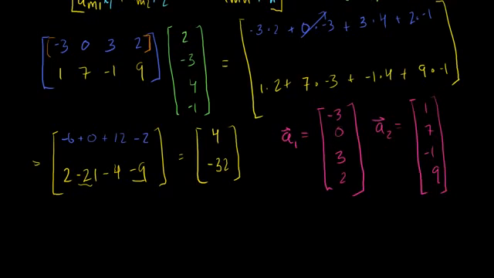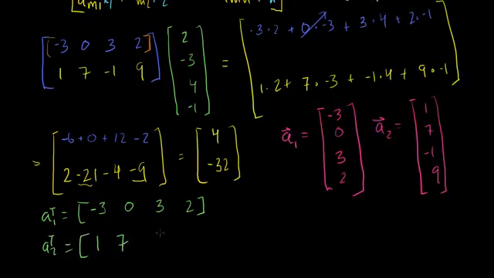So if this is A1, then A1 transpose will just be the row version of this. So it's minus 3, 0, 3, 2. And then A2 transpose would be equal to 1, 7, minus 1, and 9.